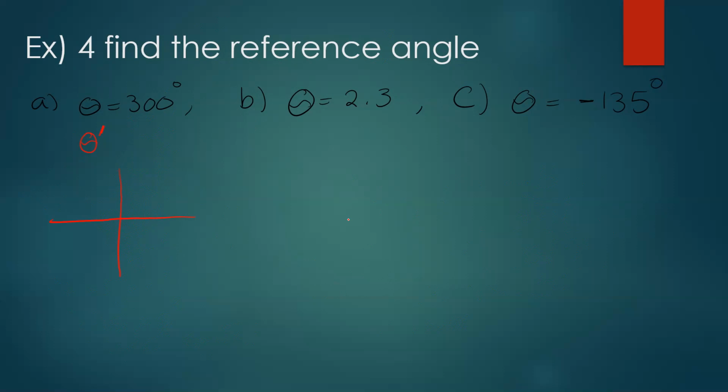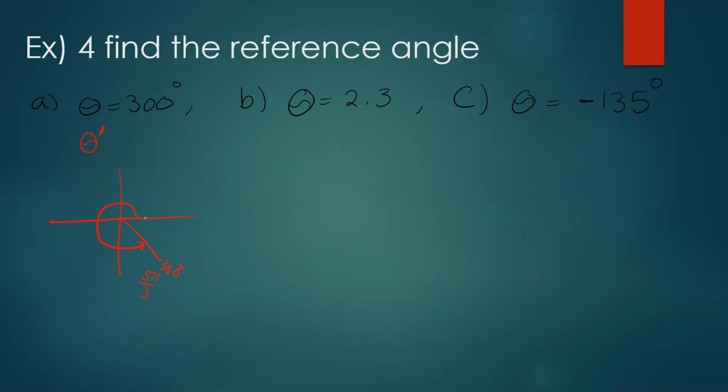It's in quadrant 4. It's also 5 pi over 3. So here's 300 degrees, or 5 pi over 3 if you want it in radians. Here's theta. It goes from 0 to here, that's exactly 300.